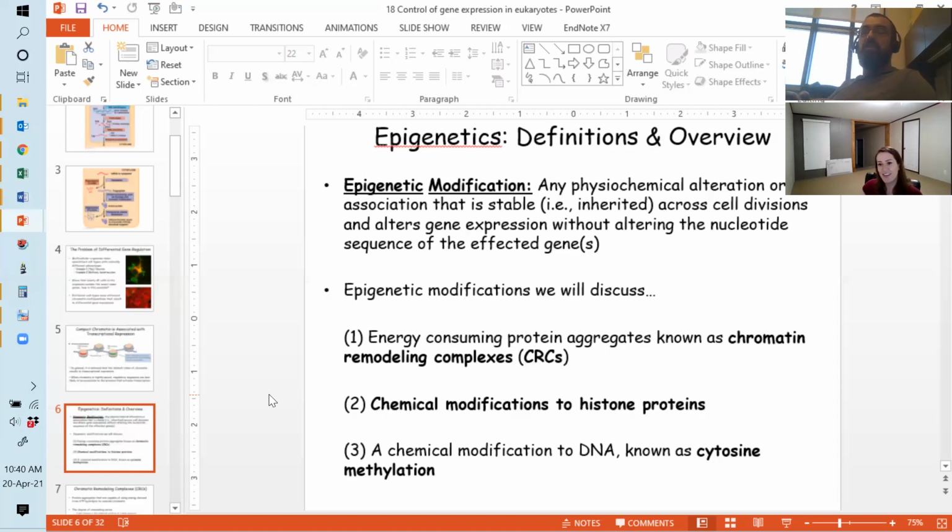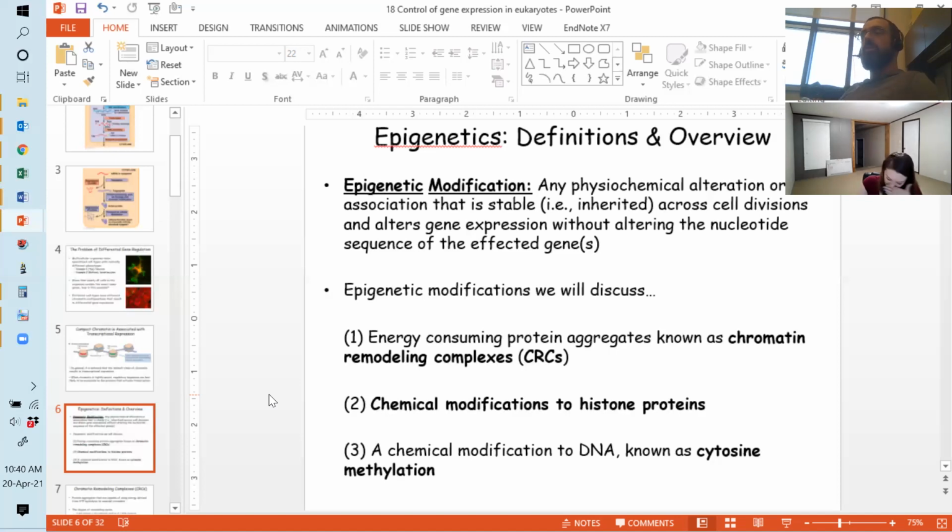Anyway, so really what we're talking about are small changes to DNA and proteins, right? So these could be modifications of histone proteins, right? And we'll talk about what type of modifications those can be. We talk about modifications of DNA, right?